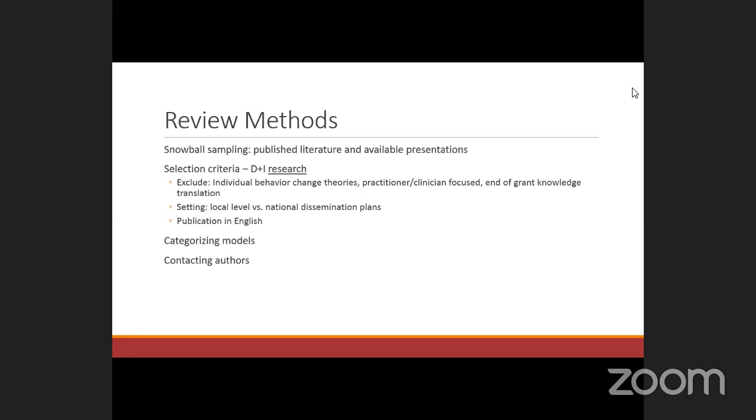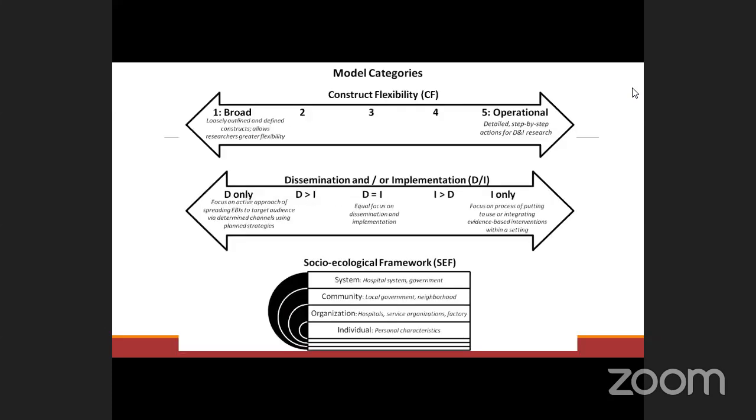Once we identified the models, we gave them these categories, and we also set about to contact the authors to make sure that we had the right references and titles for their model. These are the categories we identified. They just emerged as we were going through this list of models. We categorized models based on how flexible we felt the constructs in the model were.